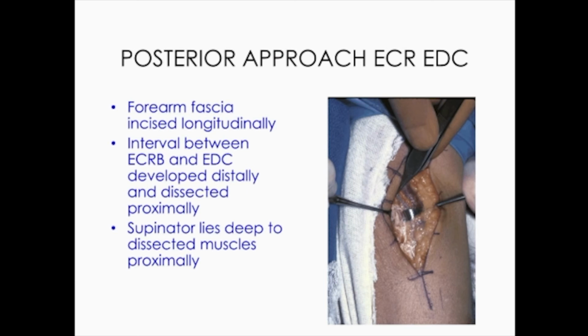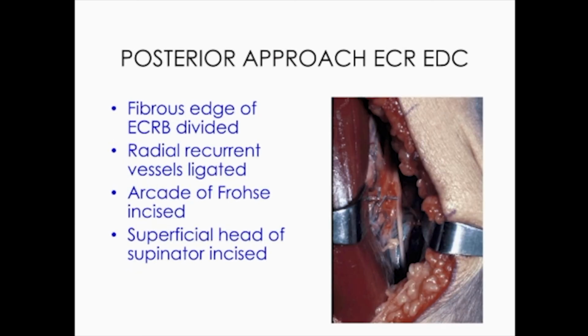The interval between the ECRB and EDC is developed distally and dissected proximally, and then the supinator lies deep to the dissected muscles proximally. You identify the fibrous edge of the ECRB. These vascular clips are on the radial recurrent vessels, which have been ligated. The arcade of Frohse is incised, and the superficial head of the supinator is incised.